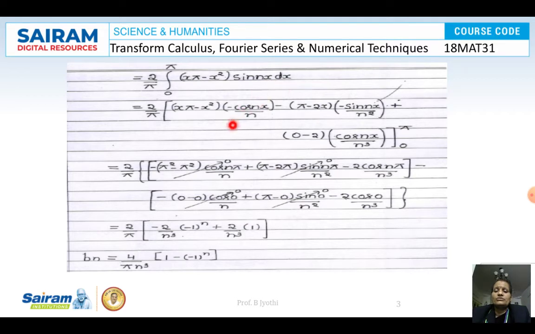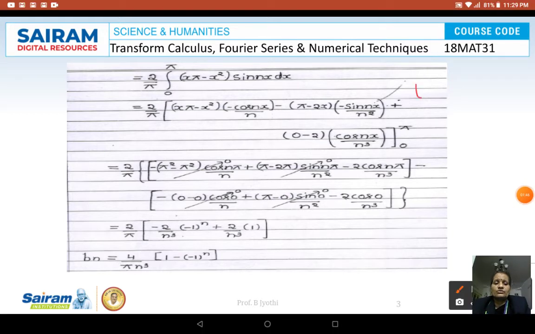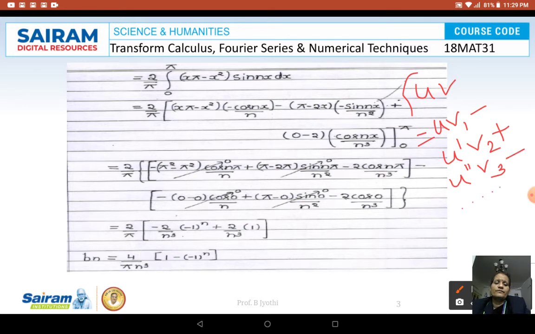Now we need to integrate this by using the UV rule, Bernoulli's rule of integration, which I have already explained. So integral of UV is given by uv1 minus u dash v2 plus u double dash v3 and so on.